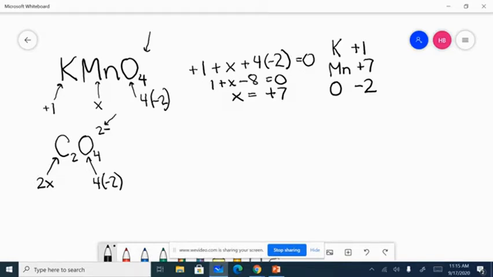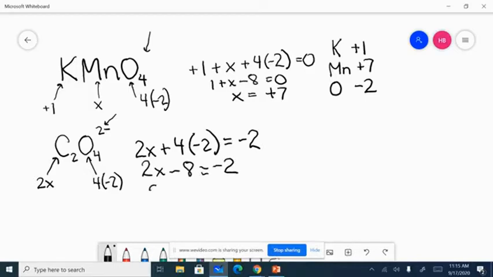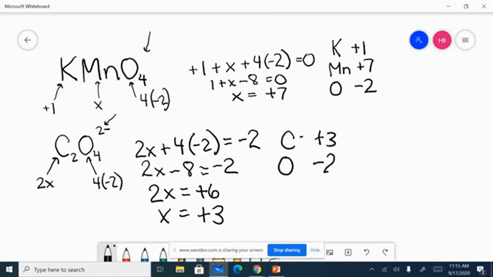So when we add it up, it's going to add up to the charge on the polyatomic ion. Like such. So make sure you understand where all the numbers come from. So in this case, the charge on carbon is +3, and the charge on oxygen is -2.